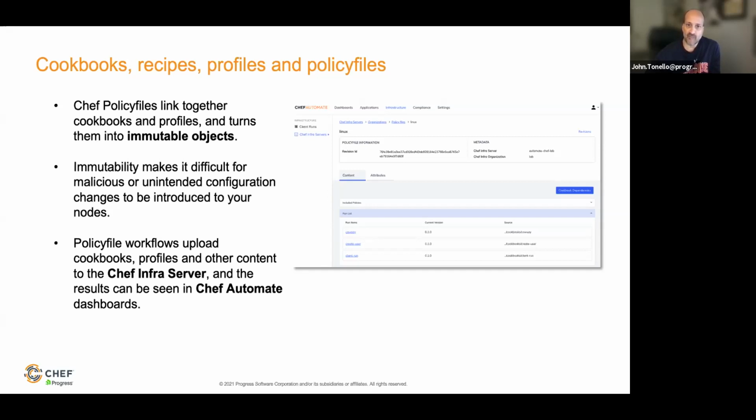You can set some up for a test environment, say, and different ones later in the process for production environments and that sort of thing. But policy files are a very fast and effective way to link multiple cookbooks into a single sort of task or policy that you want to achieve. And then the information is reported out through Infra Server and Chef Automate.